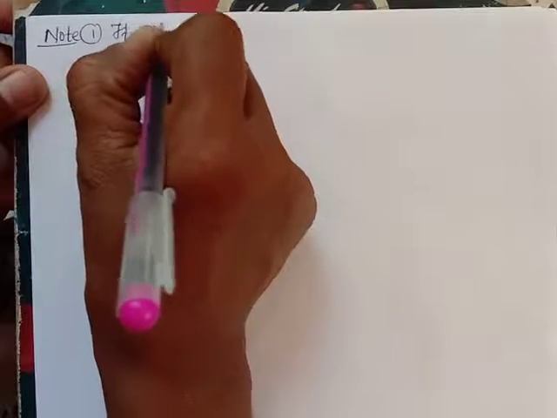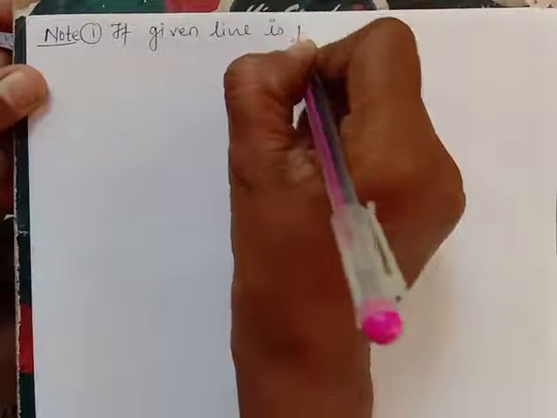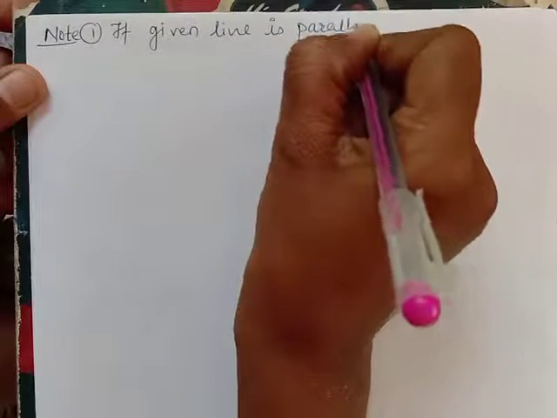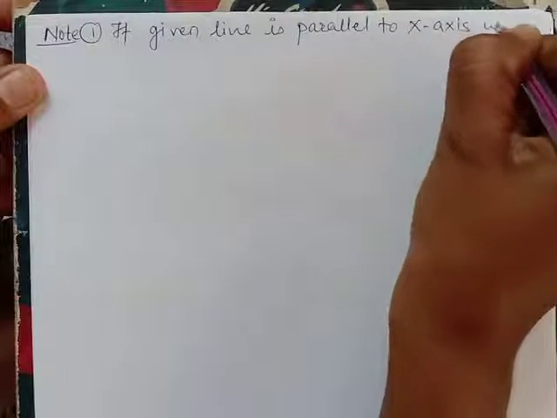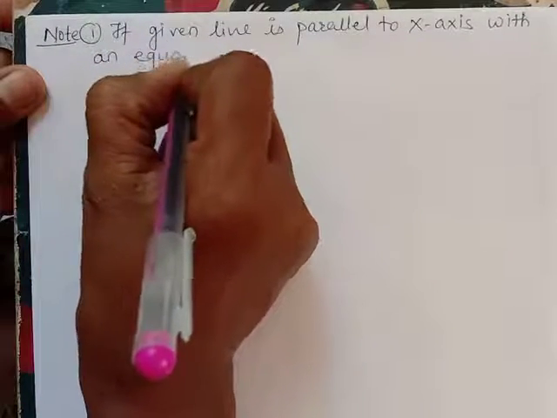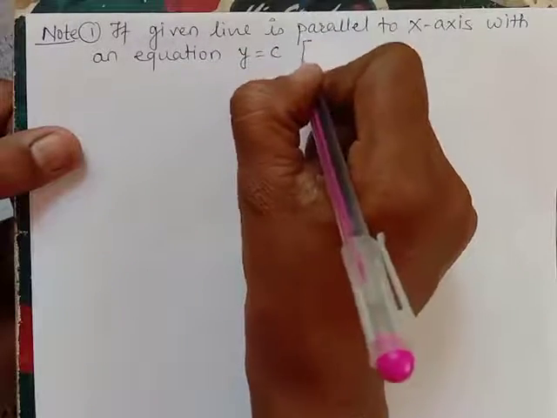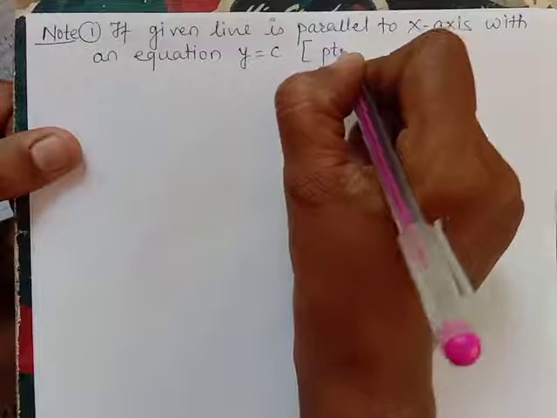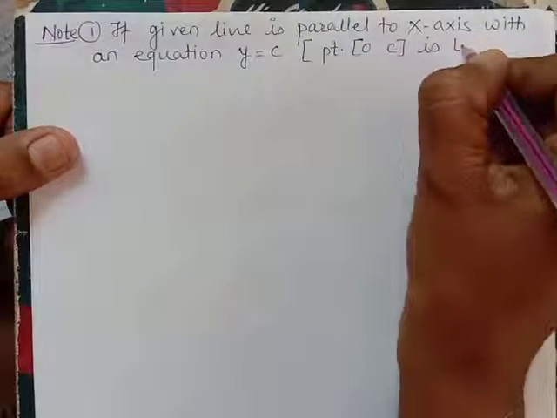So note 1: if the given line is parallel to the x-axis with an equation y equal to c, that is point 0, c is translated.